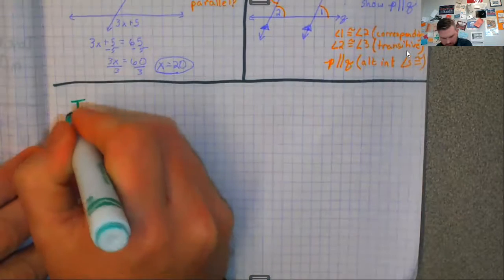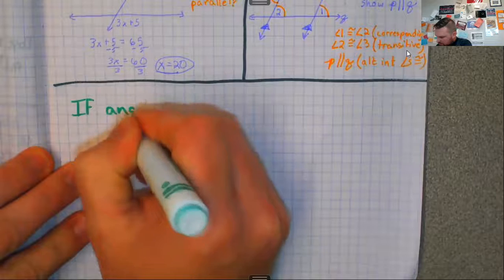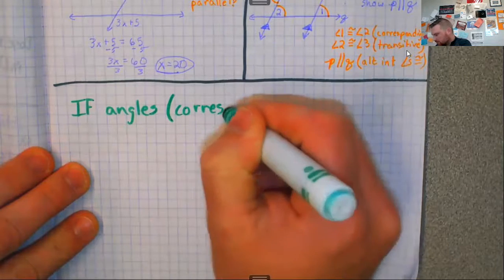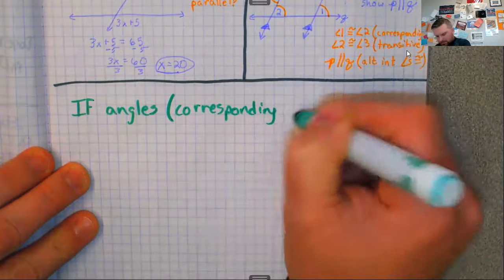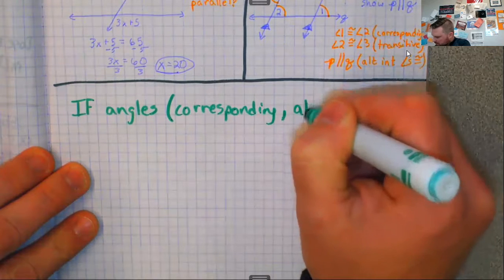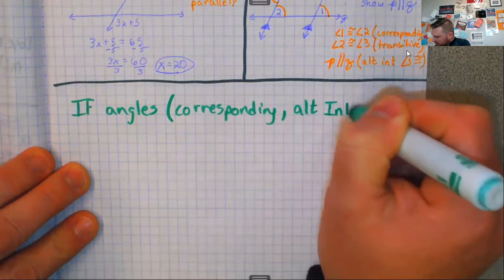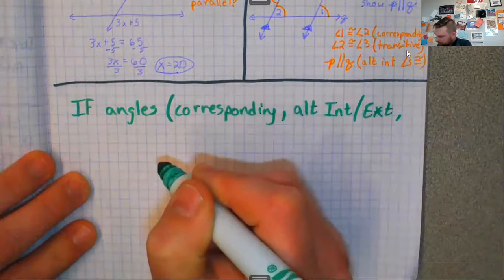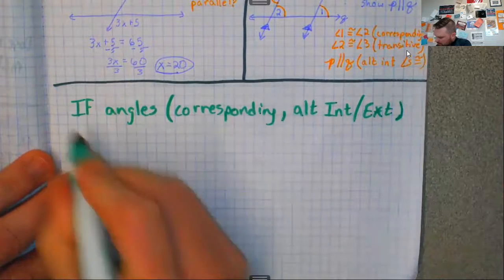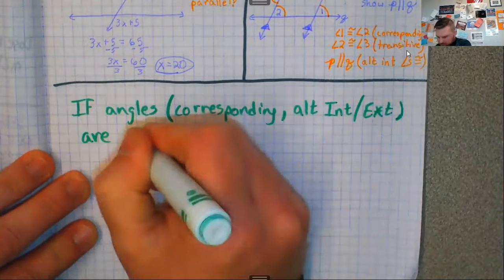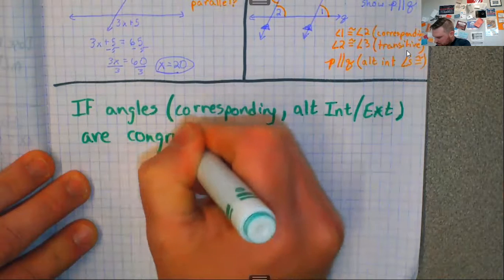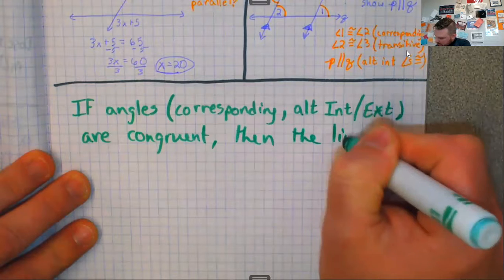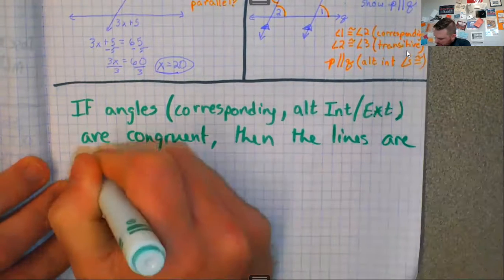If angles, specifically corresponding, alternate interior, or exterior angles are congruent, then the lines are parallel.